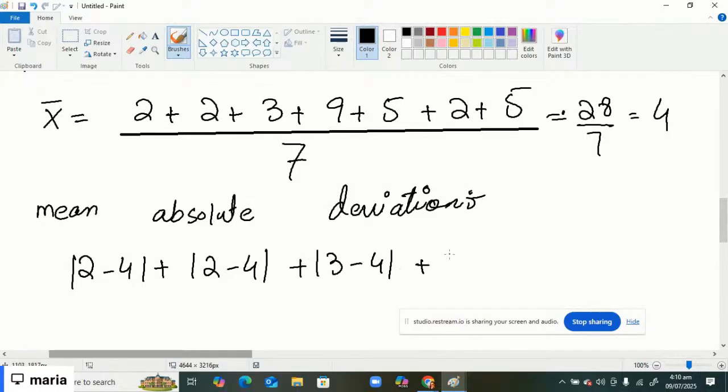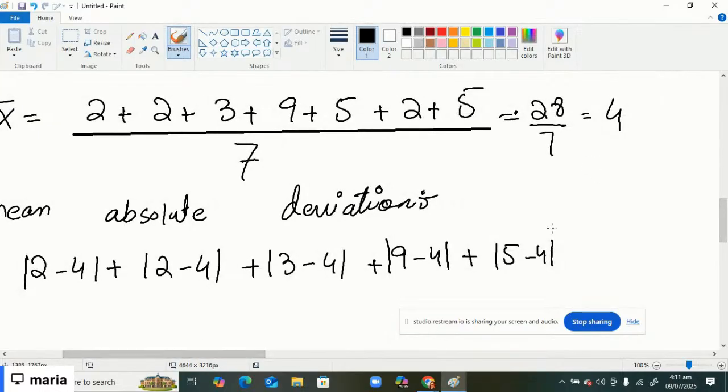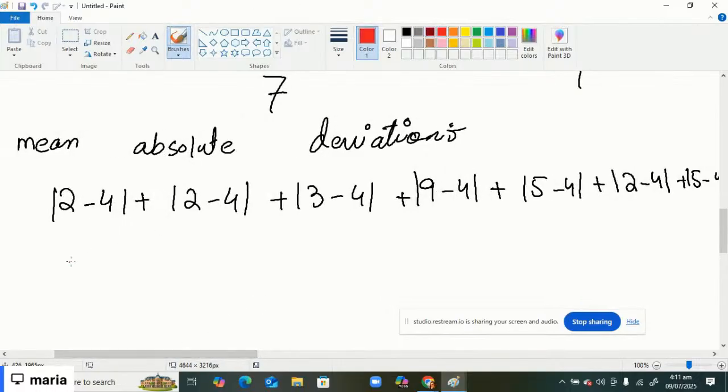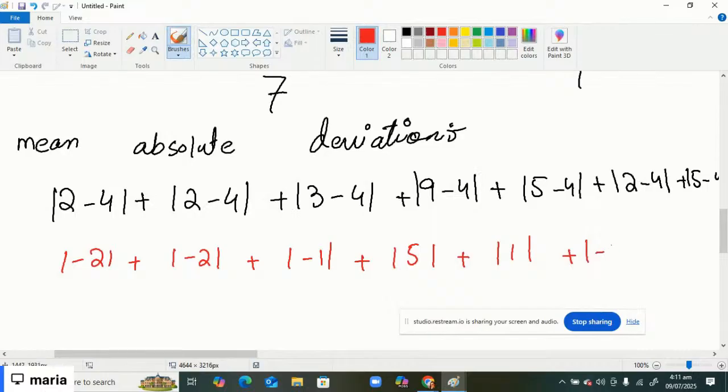So 9 minus 4 taking absolute, 5 minus 4 taking absolute, then 2 minus 4 taking absolute, and so on. So what is the answer? 2 minus 4 is minus 2 taking absolute, and so on: 5, 1, minus 2 taking absolute, and 1 taking absolute.